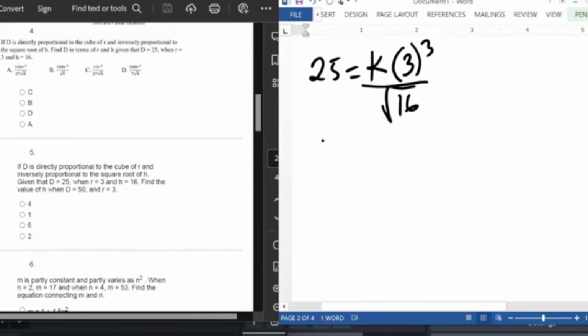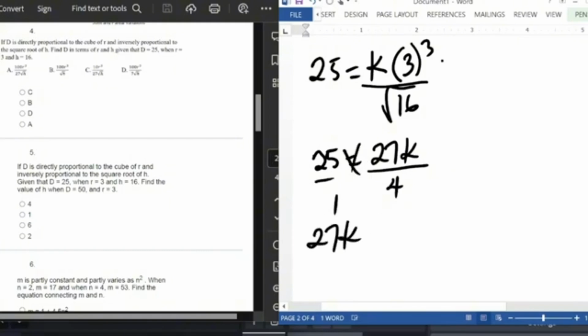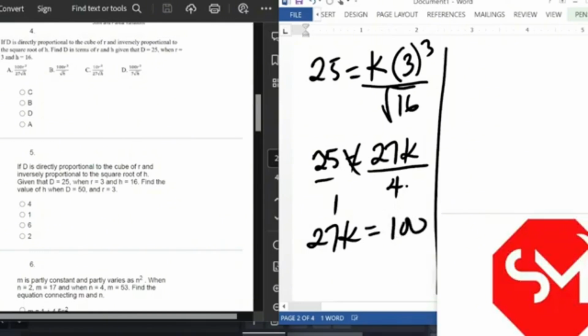So this is going to give us 25 equals 3 cube is 27K, square root of 16 is 4. So you can then cross multiply here. That's going to be 27K equals 100, since 25 times 4 is 100.